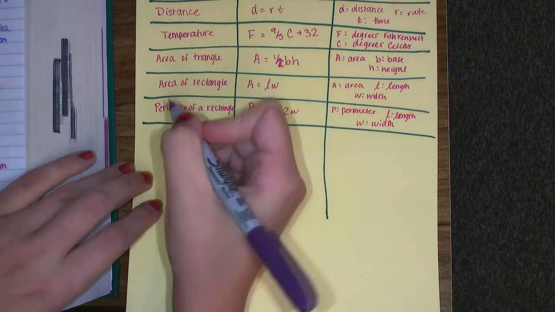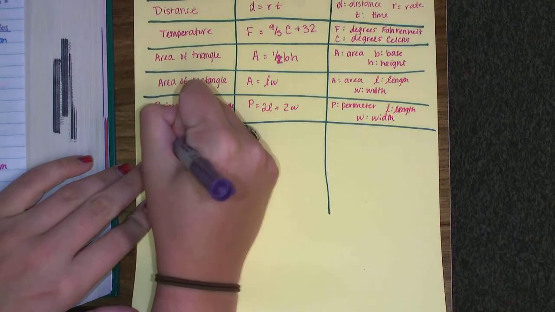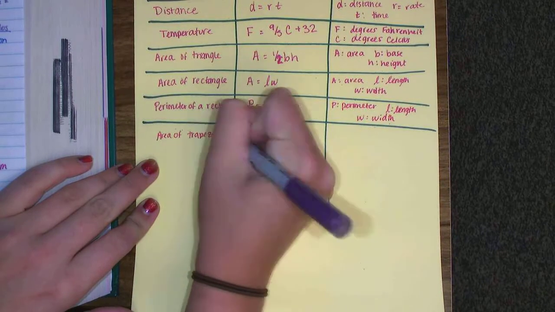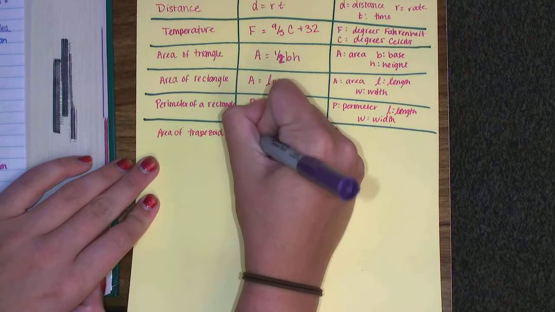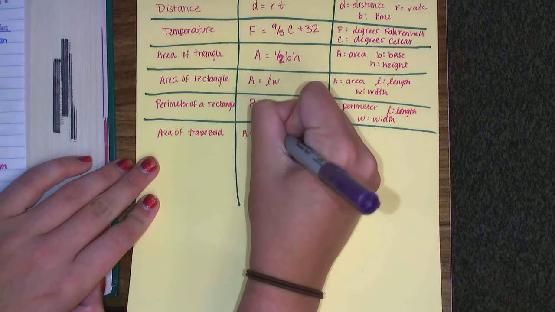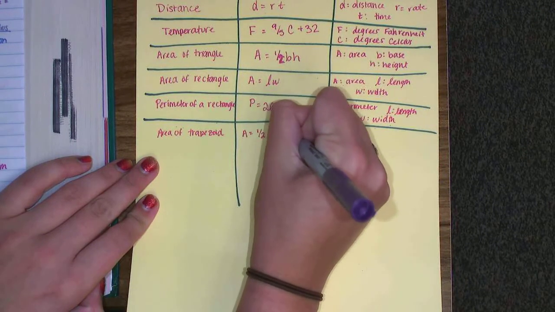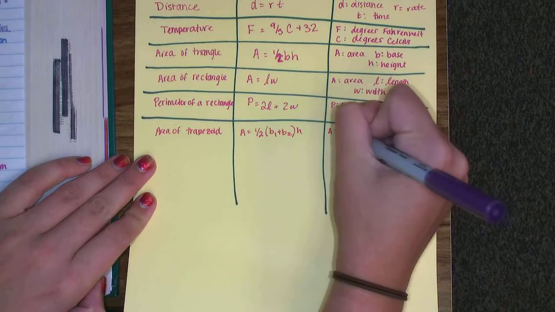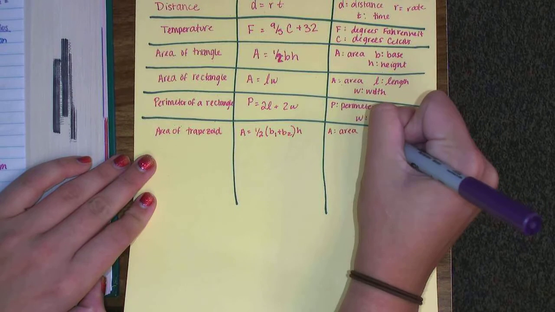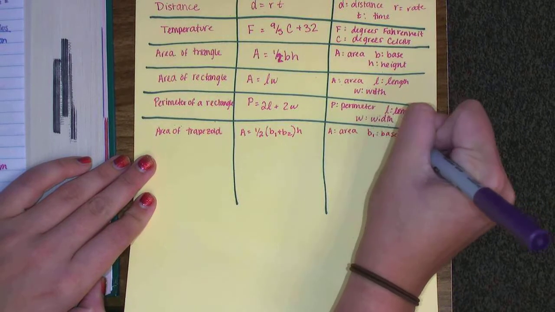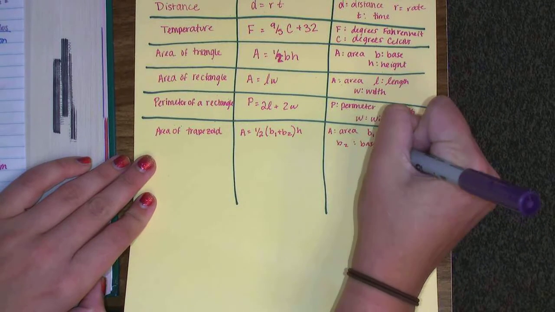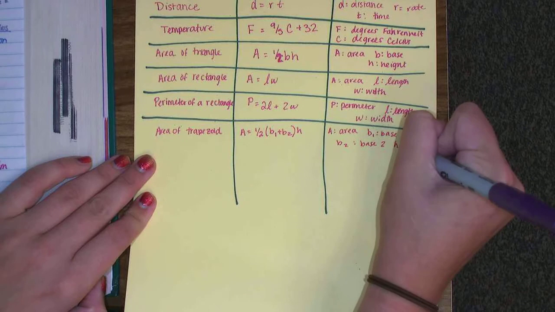Next we have area of a trapezoid. So this one is A is equal to 1/2, and then in parentheses B1 plus B2, and then times H, where A is area, B1 is base 1, B2 is base 2, and H is height.